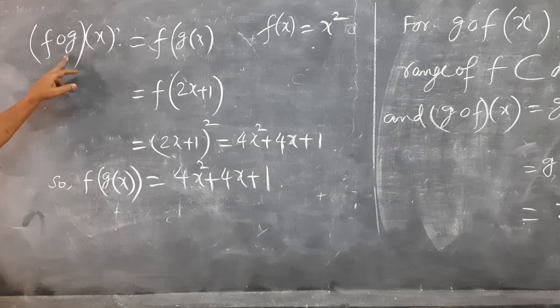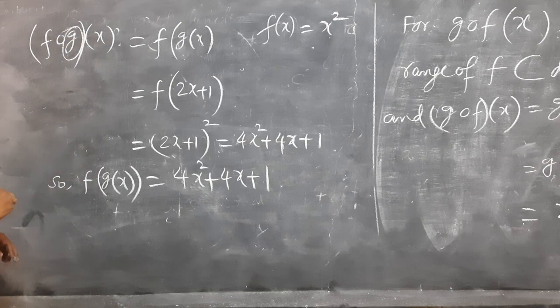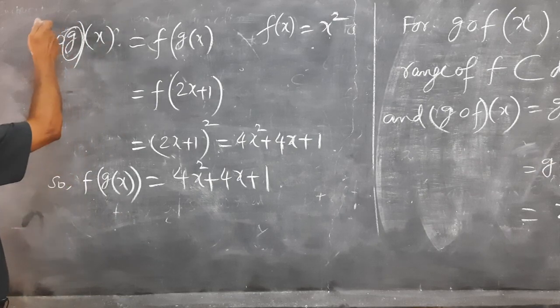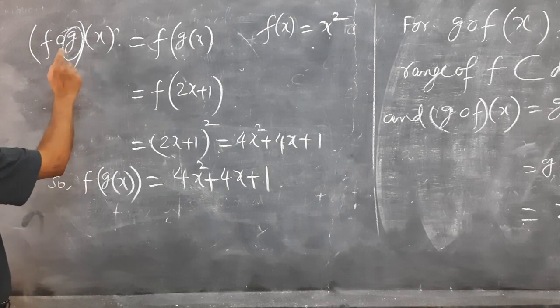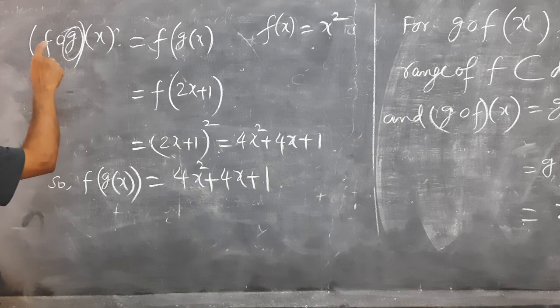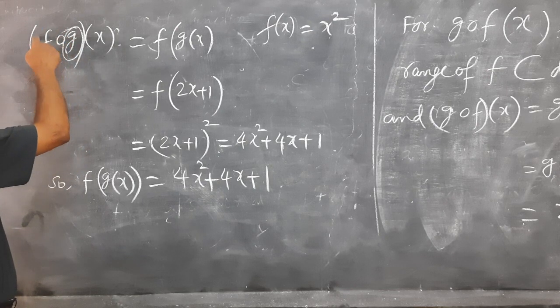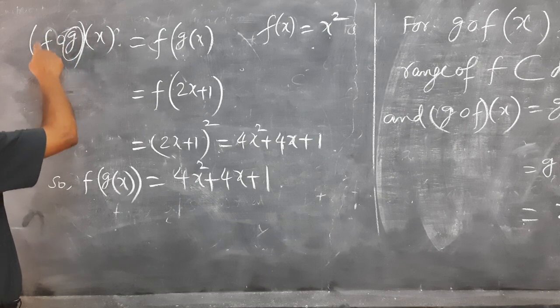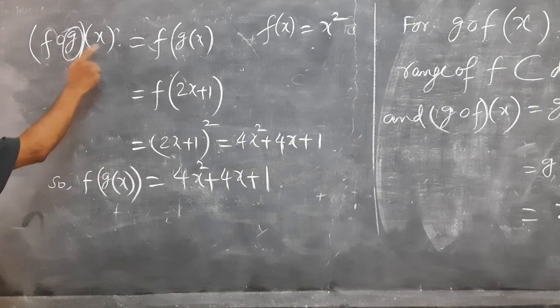As I have already explained, the range of G must be a subset of, or may be equal to, the domain of F. The range of G is R, and that R is also the domain of F. So it is satisfying the required condition for FOG, hence we can safely find out the value of FOG(x).